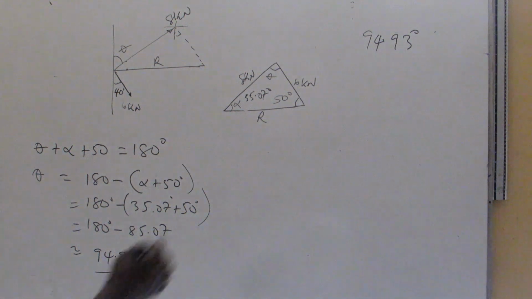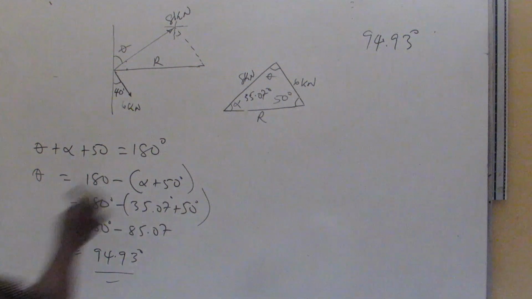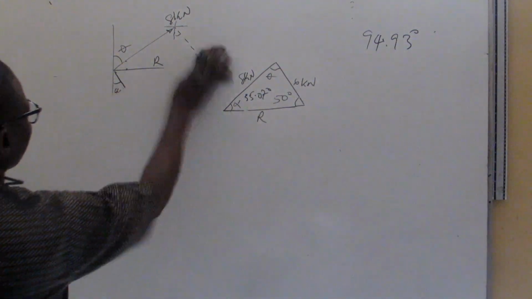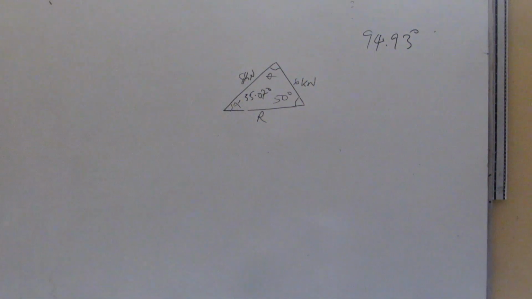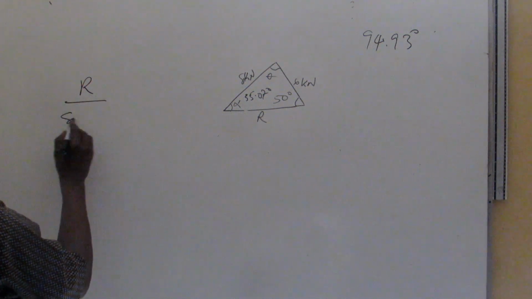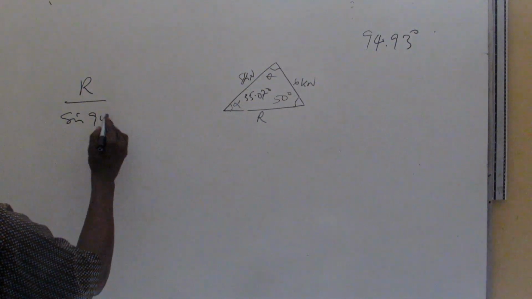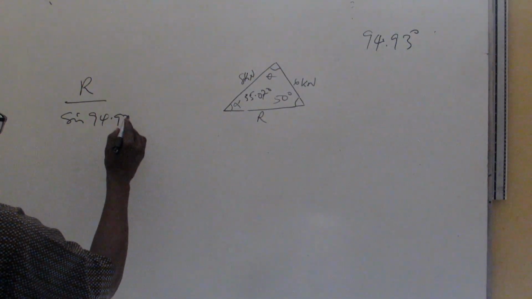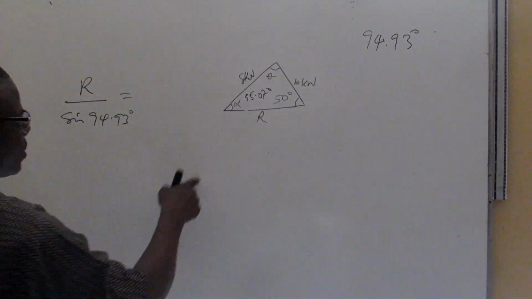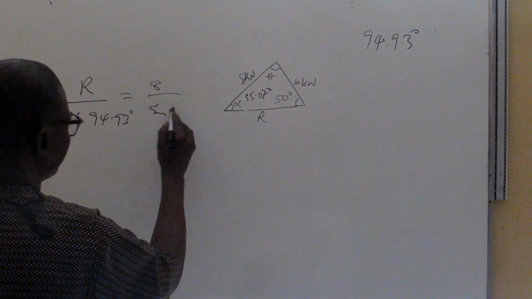We can now get our resultant. The value of the resultant will be what? Using the sine rule, we will say R all over sine theta, our theta being 94.93 degrees, is equal to what we have known, 8 all over sine 50 degrees.